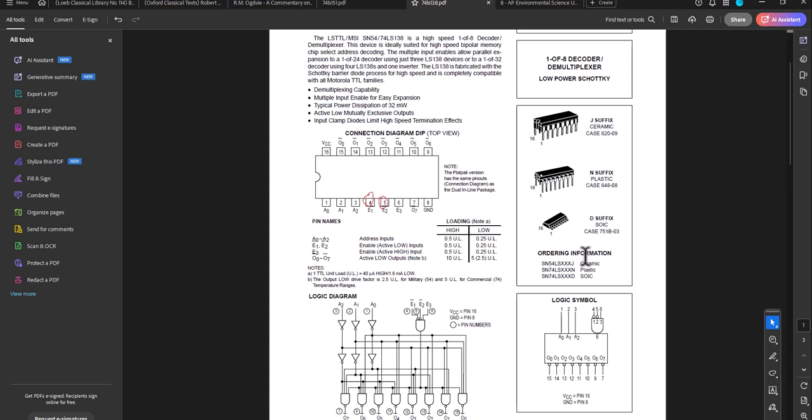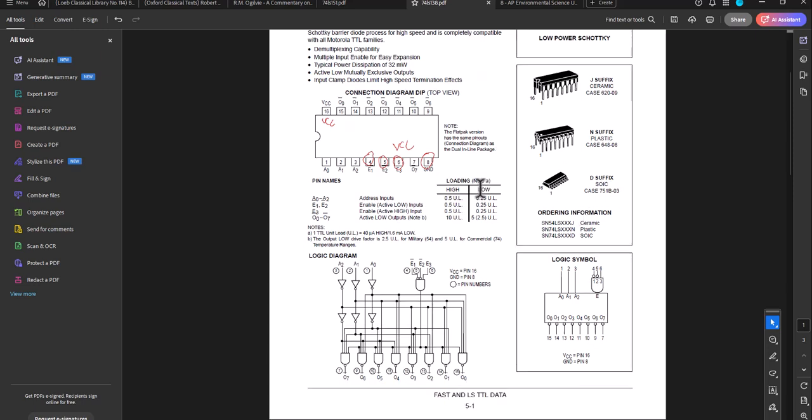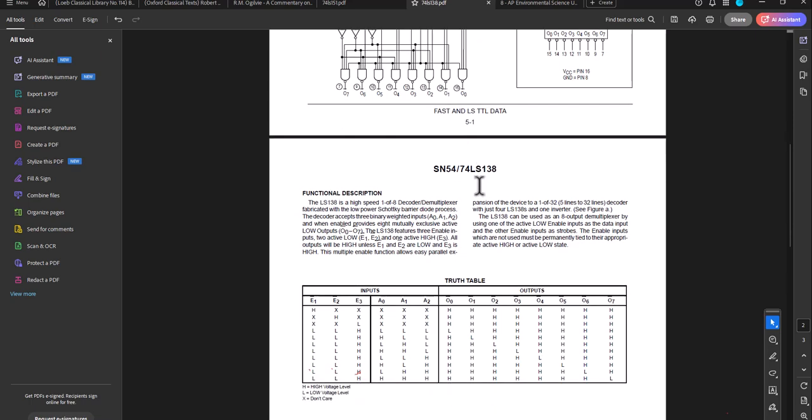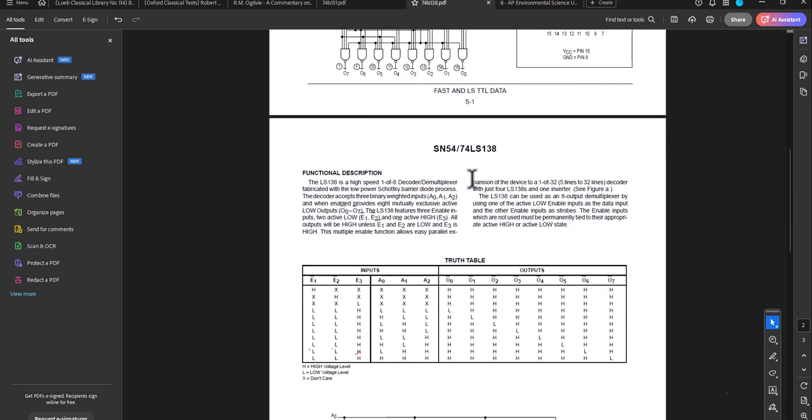So 4 and 5, as well as 8, have to be ground or it's not going to work. 6 has to be VCC, as well as 16, or it's not going to work. A0, A1, and A2 are our inputs.